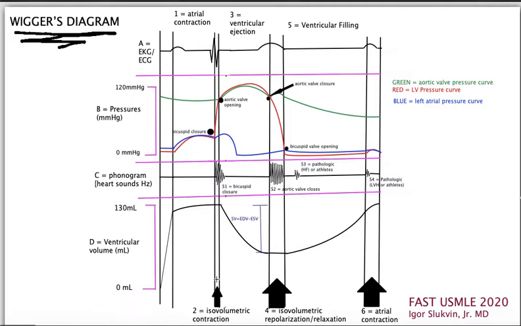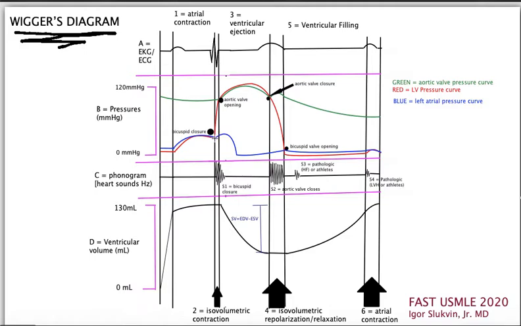Isovolumetric contraction simply means that all the valves are closed, the semilunar valves and the AV valves are closed, and the left ventricle begins to contract with all the valves closed. The SA node fires almost synchronously through the Purkinje fibers for the left ventricle to contract.